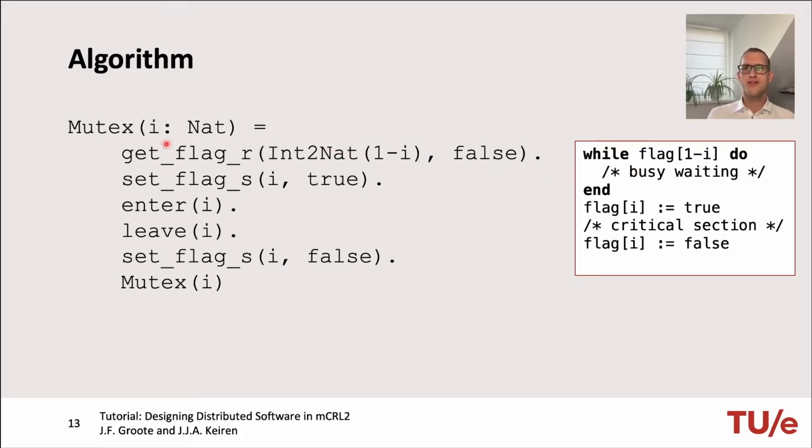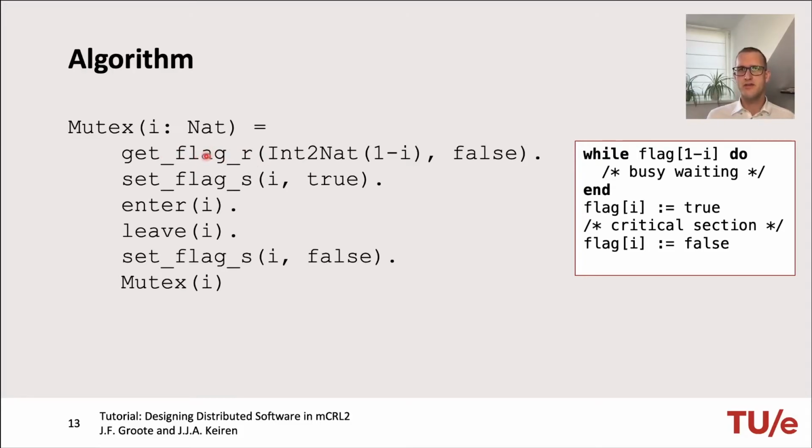We can model this in mCRL2 by relying on the fact that whenever two processes communicate, this communication will only succeed if both the sending and receiving part of the communication can execute the corresponding action. So in this case, this get flag that the mutual exclusion algorithm executes needs to communicate with a get flag that the shared variable executes.